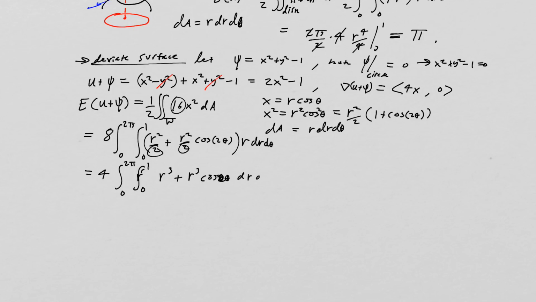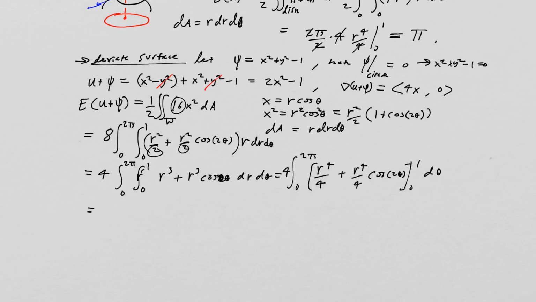So I might as well do the dr integral, and 0 to 2 pi, and then we're going to have an r to the 4th over 4. Remember the 4 out front, plus r to the 4th over 4 there, times cosine of 2 theta. We're going to evaluate at 0 to 1.